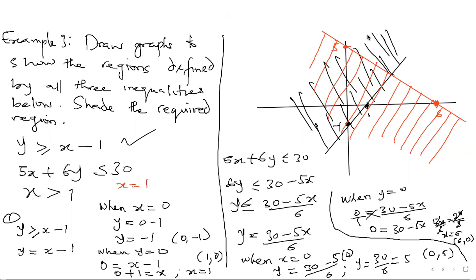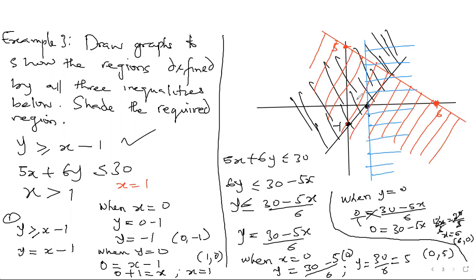So that's that. And where do I shade? Greater than 1. So I need numbers that are greater than 1. So I need to go in this direction. This is the direction where I'm going to meet numbers that are greater than 1.